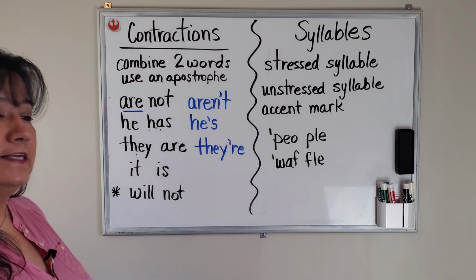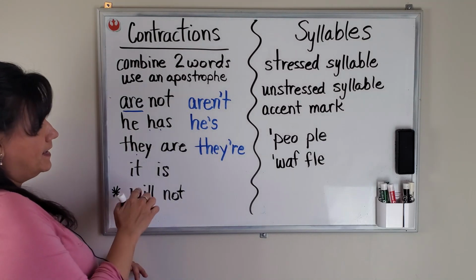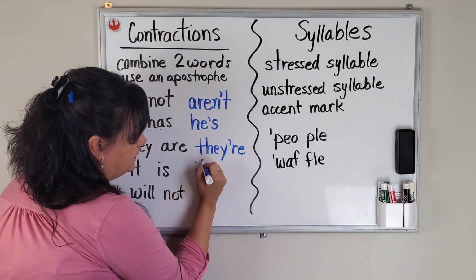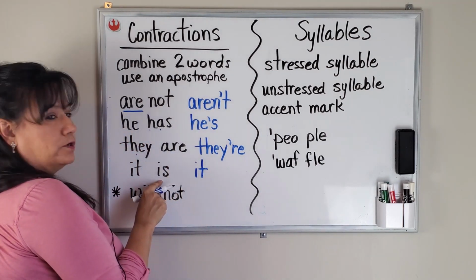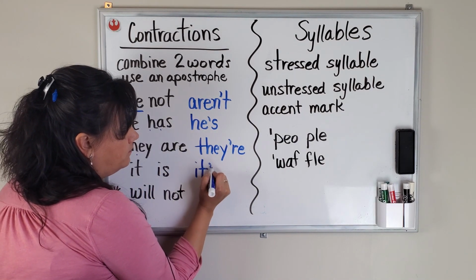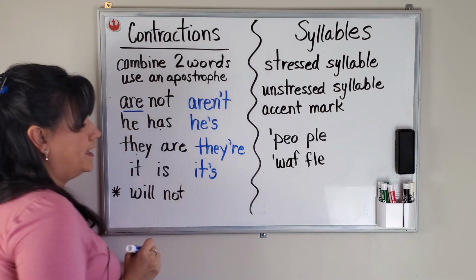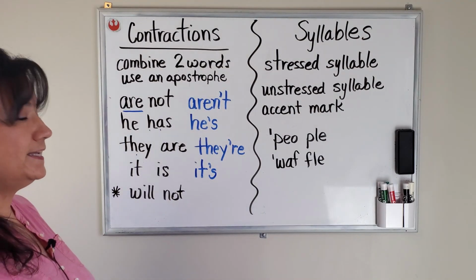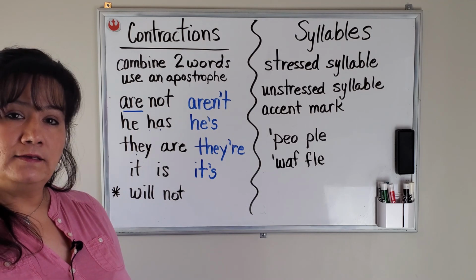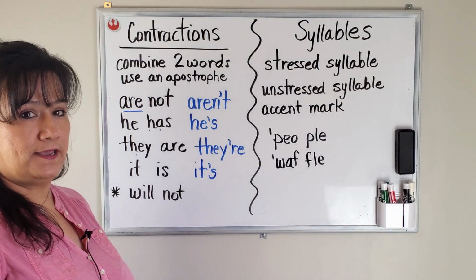They're my friend, okay? The next one is it is. We're going to, again, keep it. We're going to use the apostrophe to take the place of the letters that we removed. And it is the contraction it's. It is a very nice day. It's a very nice day.